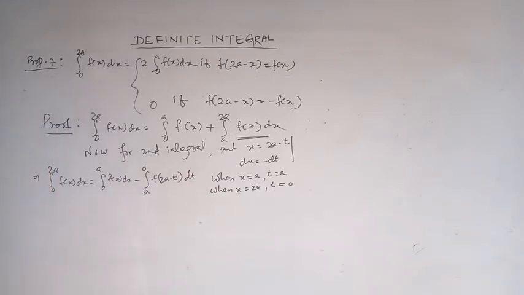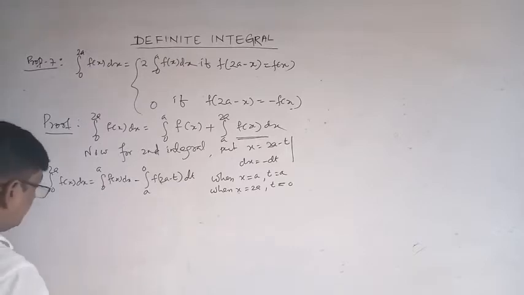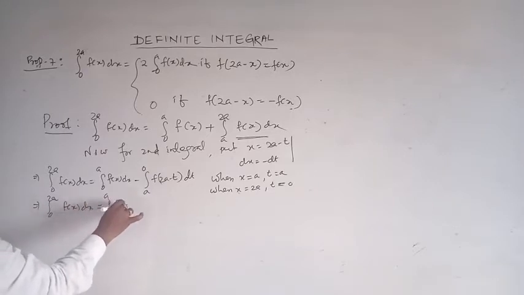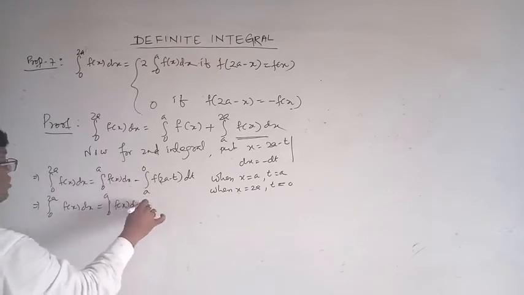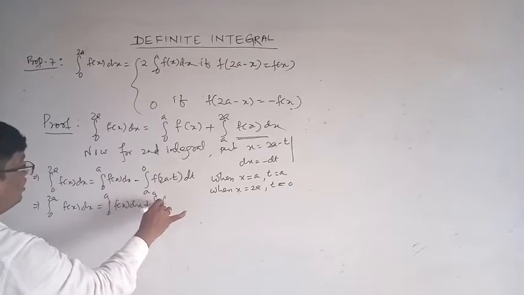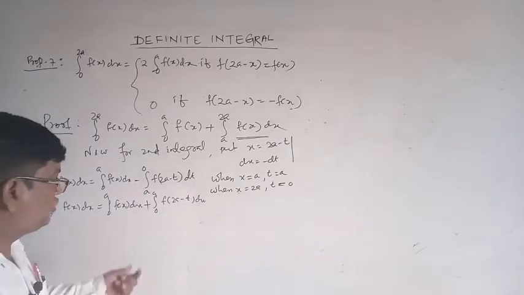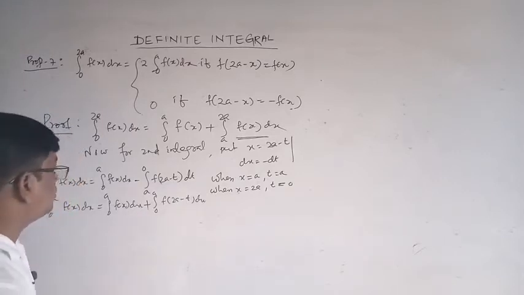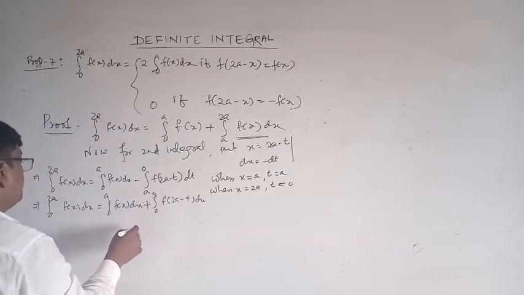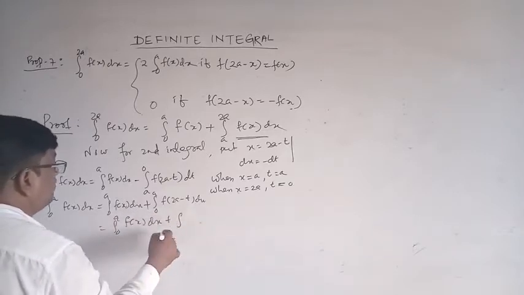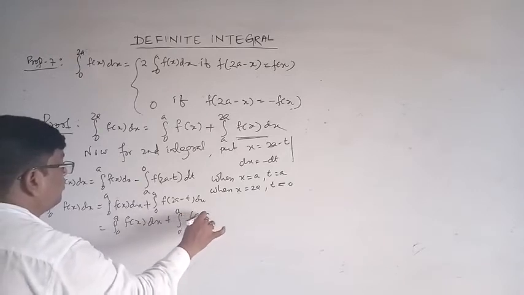Minus dt. Now change the limits, so this implies integral 0 to 2a f of x dx is equal to integral 0 to a f of x dx, and when the limits are changed, the minus symbol becomes plus, the upper and lower limits swap, integral 0 to a f of 2a minus t dt. Changing the variable does not impact the definite integral, so change the variable: that is equal to integral 0 to a f of x dx plus integral 0 to a f of 2a minus x dx.